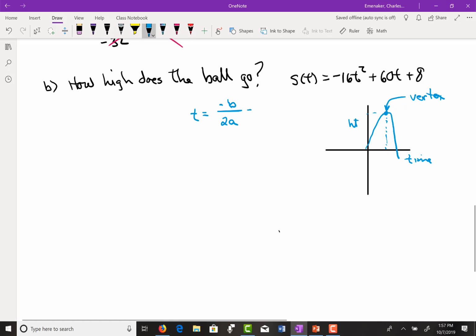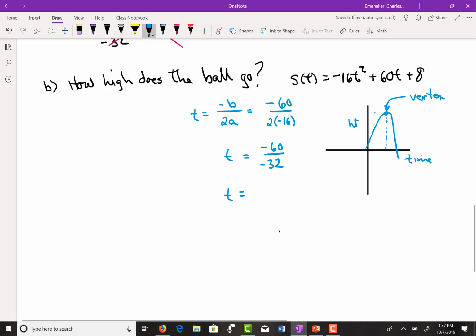Well, wait a minute. Negative b is 60. 2 times a is going to be 2 times the negative 16. Okay, so that's going to give us a negative 60 over a negative 32. Notice the time's going to be a positive value, isn't it?